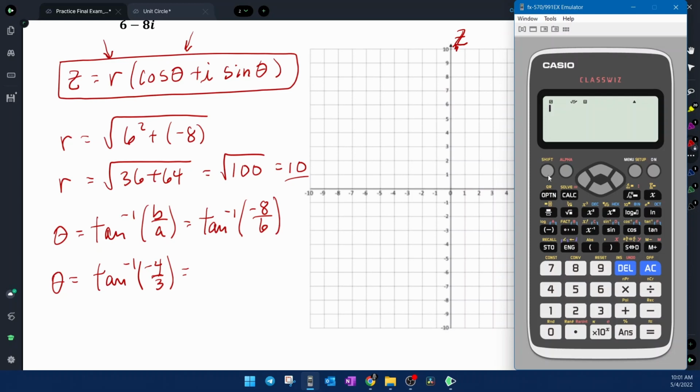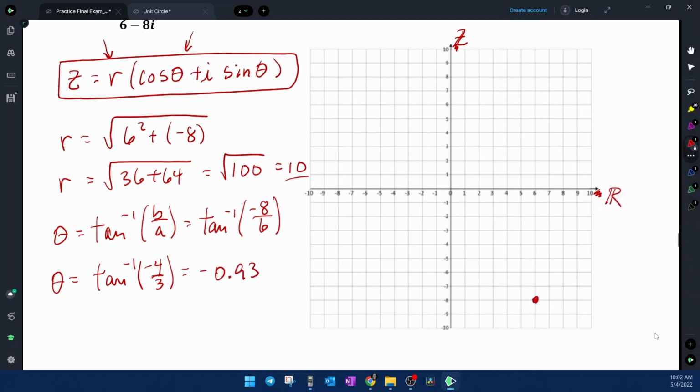I can input the inverse tangent of -4/3, and that's going to give me -0.93 rounded.